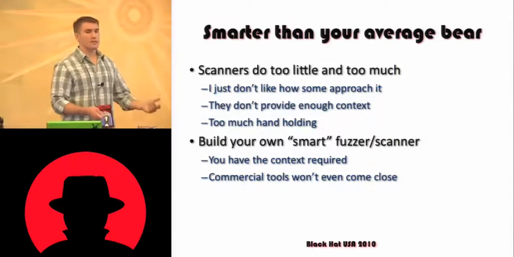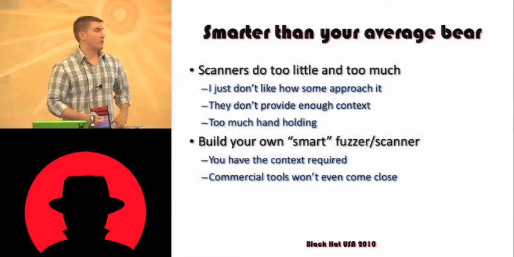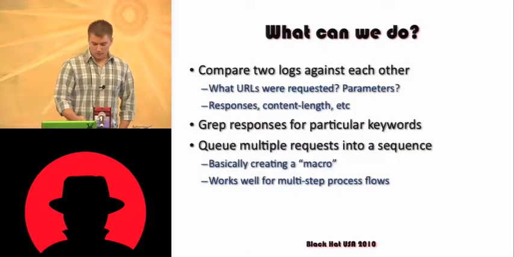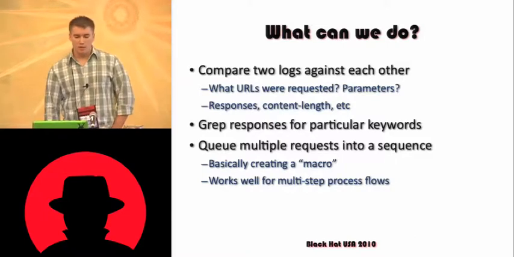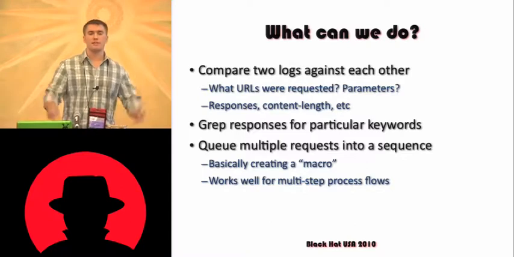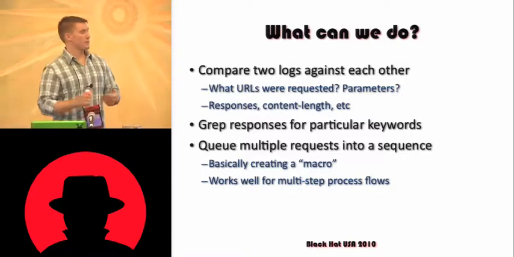So basically, we could take this API and just build our own smart fuzzers or scanners on top of it. So what can we do with the API? One of the things that I like to do is, say you take 2 user sessions. Say one person's a user and the other person's an administrator.